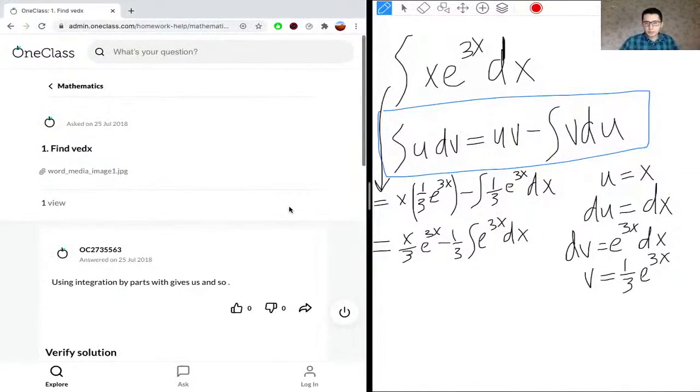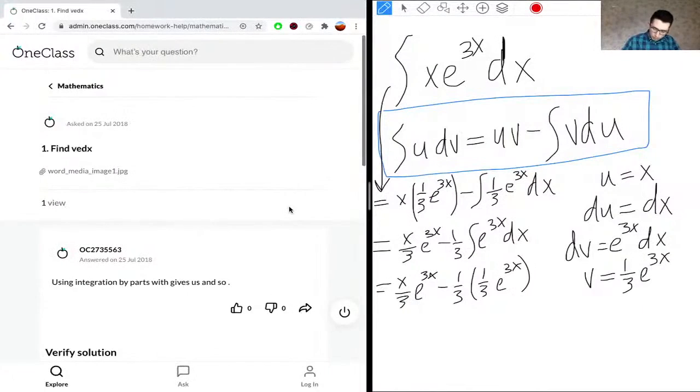So e to the 3x is a simpler integral to evaluate than x e to the 3x up here. So doing this, we have x over 3 e to the 3x, and then negative 1/3, and then the integral of e to the 3x is 1/3 e to the 3x.